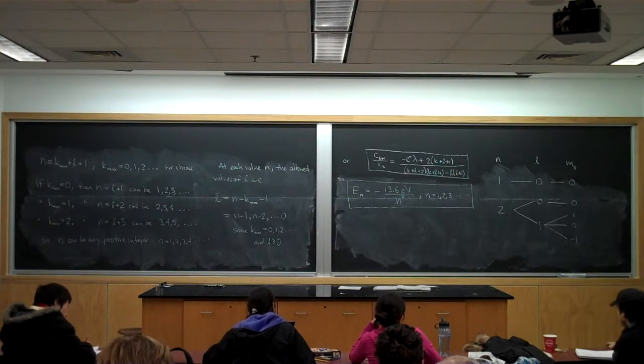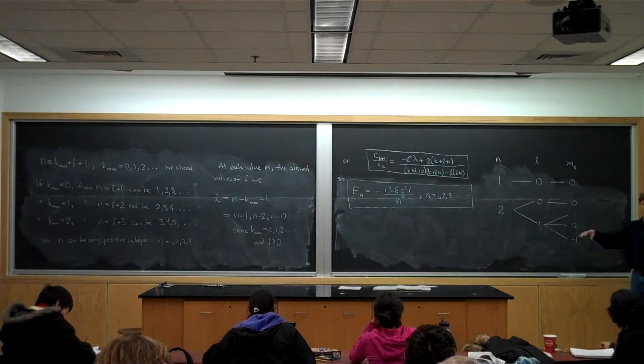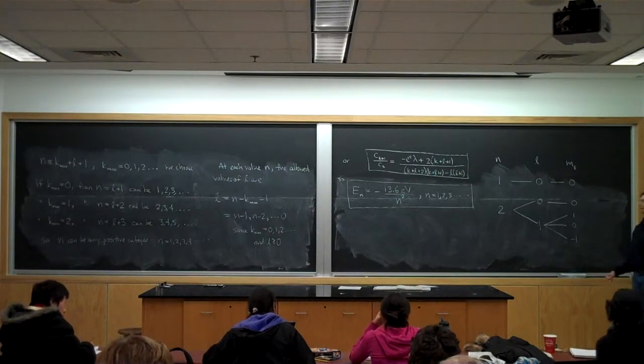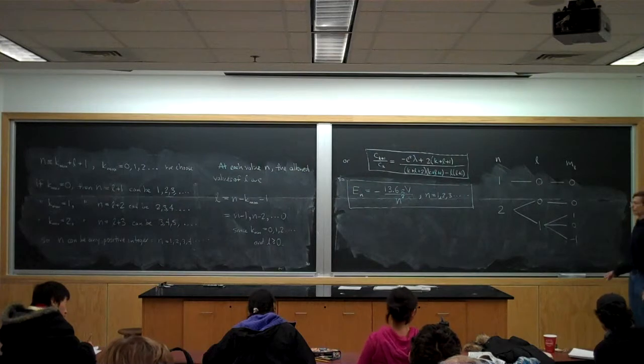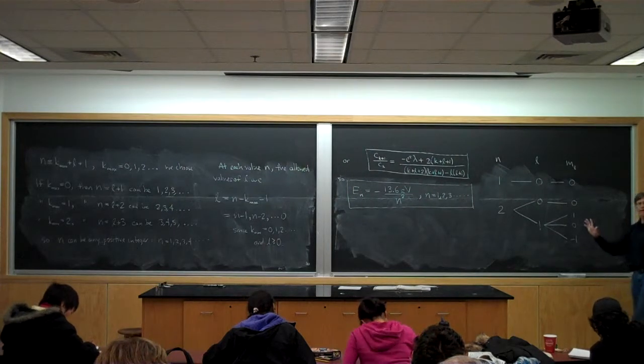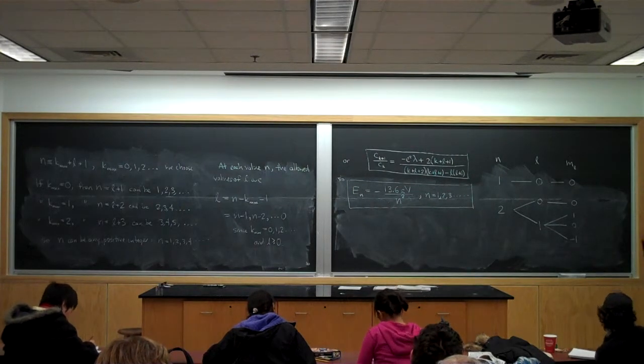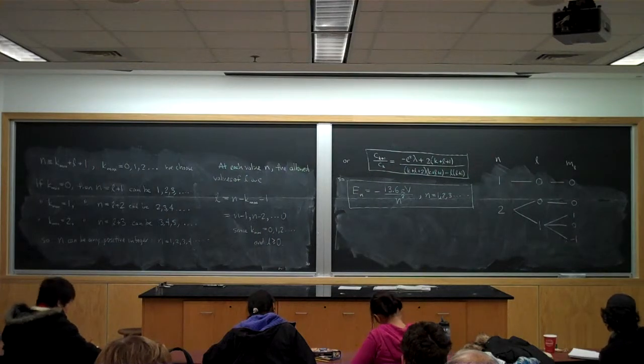And then we could keep going. If we make n equal to 3, then L could be 0, 1, or 2. And for the L equals 2 states, we can have 5 sublevels: minus 2, minus 1, 0, 1, 2, and so forth.